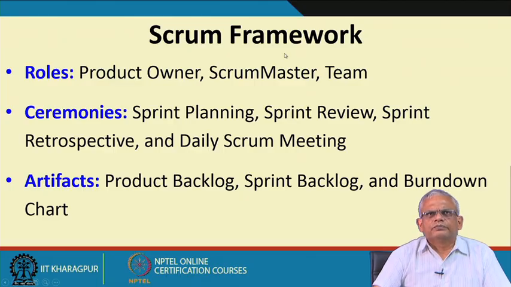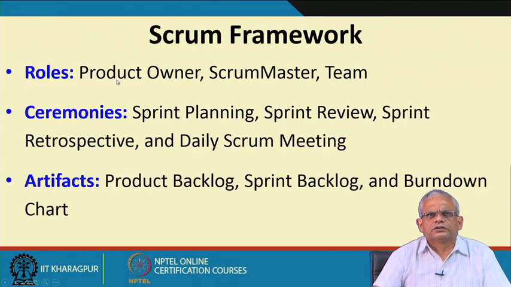These are some of the important concepts in the Scrum framework. One is the various types of roles. In a Scrum team, there are the product owner, who is one of the team members, the Scrum master, who is another team member, and the other team members. These are the different roles in a Scrum team.